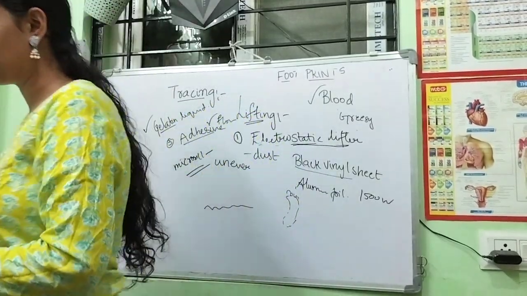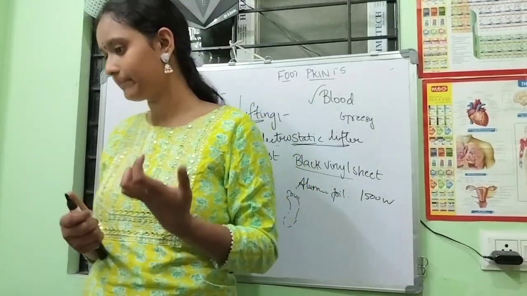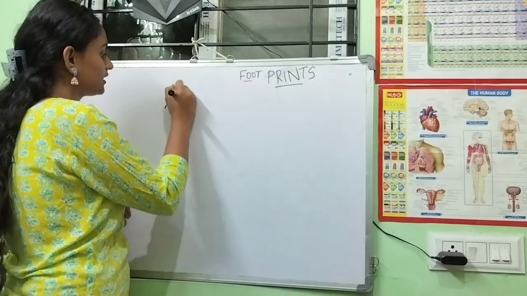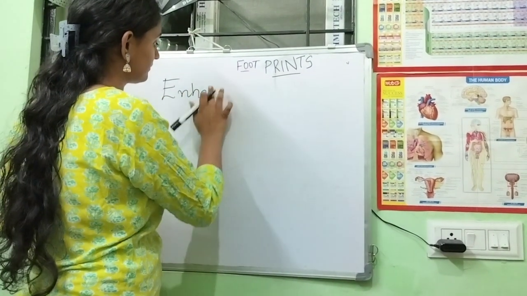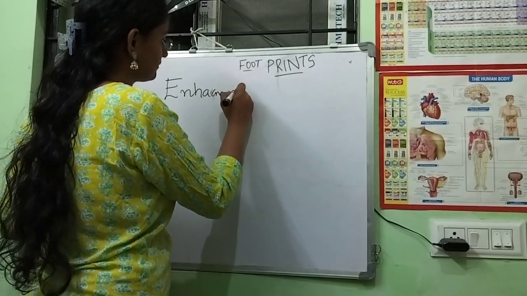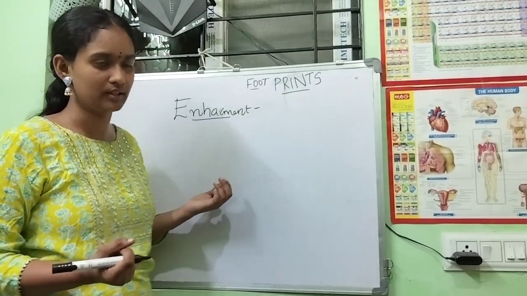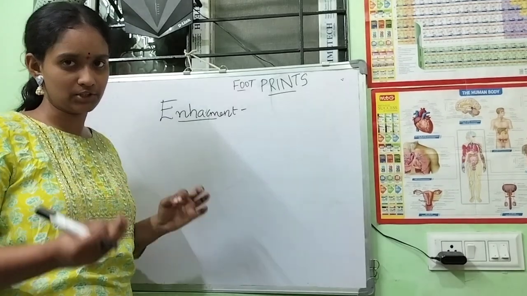Now the last thing is, how does the lighting affect the footprints? Okay, so the last technique is our enhancement techniques. Whenever you take a photograph, you have to enhance it to get a very good clear picture.